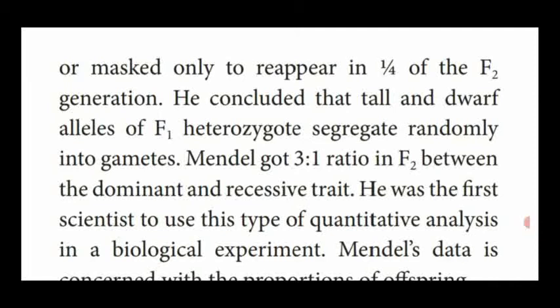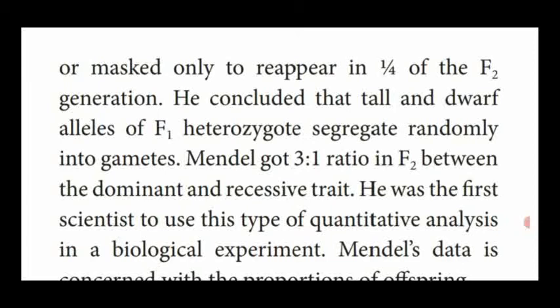Why is it said to be heterozygous? It contains both the alleles. But what will happen? The recessive characters are hidden or suppressed, and only the dominant is expressed. So the F1 generation is named as heterozygous tall plant. Okay.